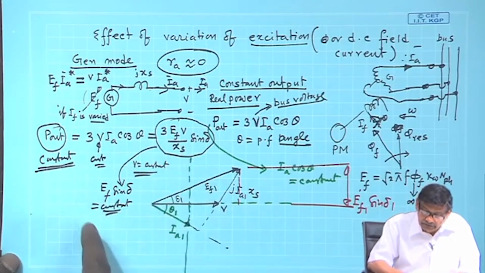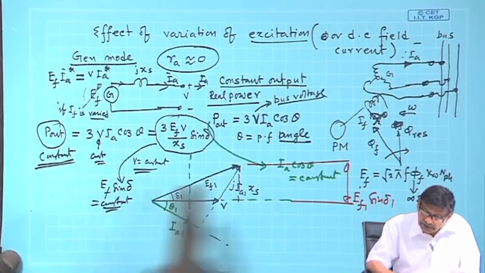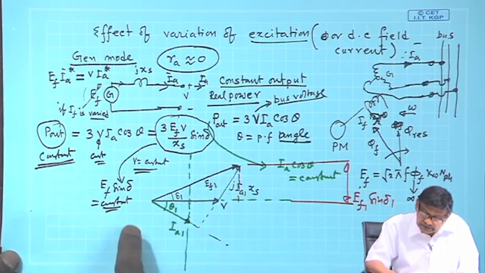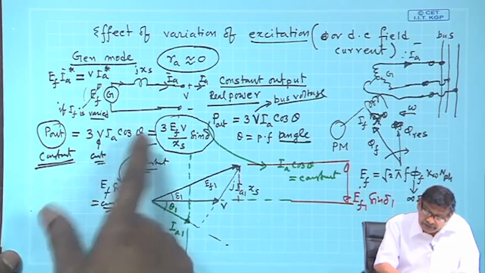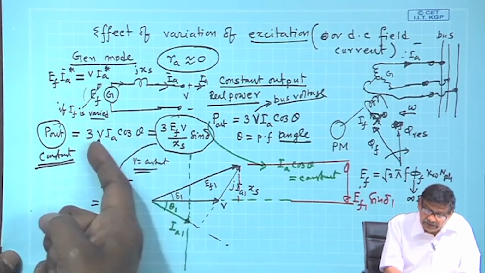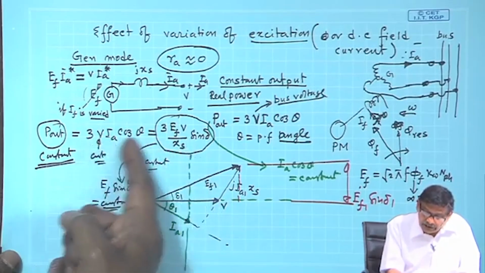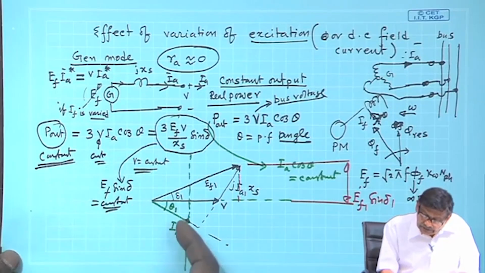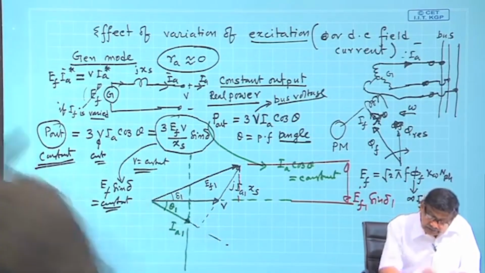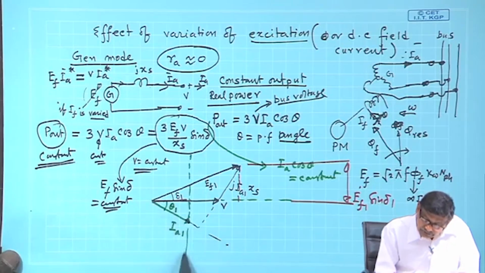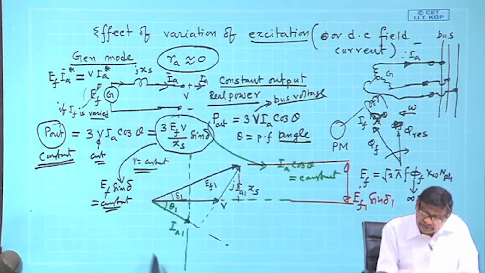Then E f sin delta will remain constant, that is, this vertical length will remain constant. Another way of calculating power is V I a cos theta, these two must be the same. V is constant, so I a cos theta is constant, meaning this projection of the tip of the current will be constant. So, draw a vertical line here.